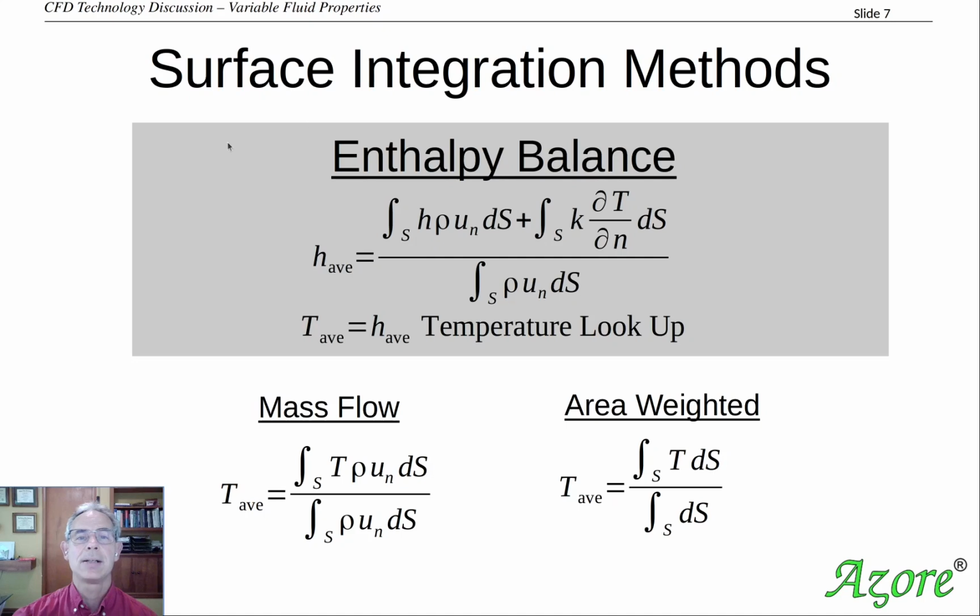And that basically begins by looking at the heat flux through. So this is the enthalpy times the density times the velocity times the area. So this is the enthalpy of the mass piercing the surface, for every surface that is composed in our surface integral.